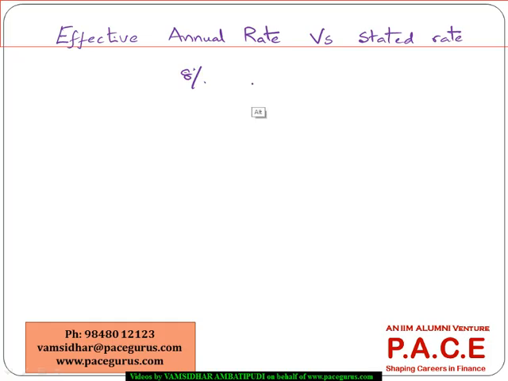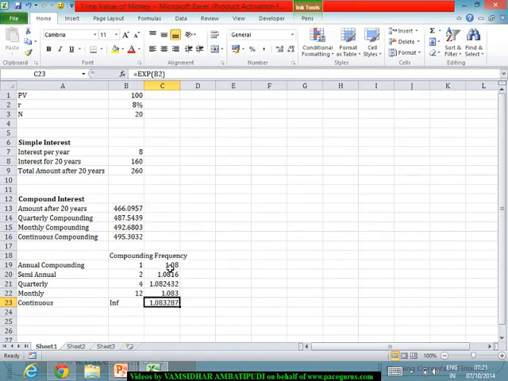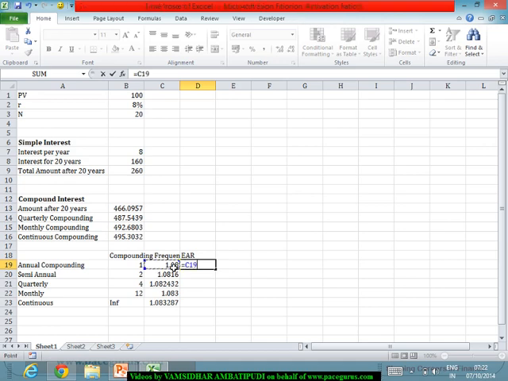But what we are actually getting is much different from the stated rate in all these cases. And this is what we typically call the effective annual rate. So in this case, within the 1 year, 1 has become 1.08. So I will take it as 1.08 minus 1. So almost 8%.